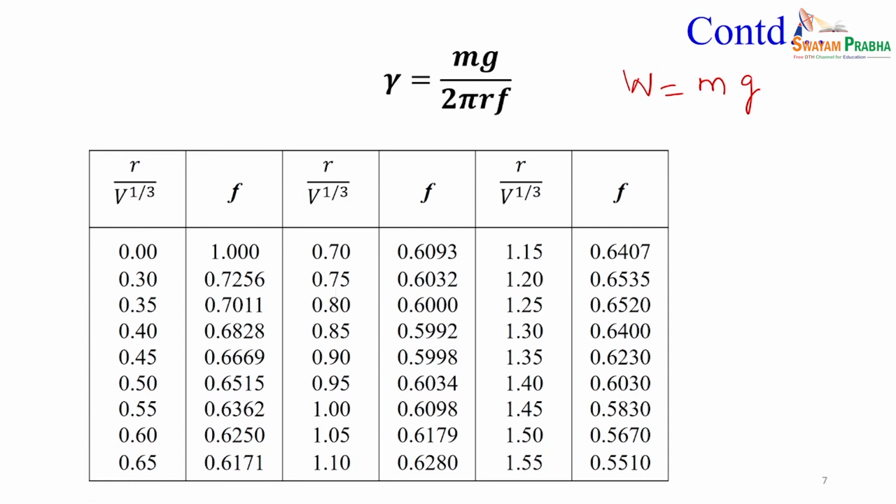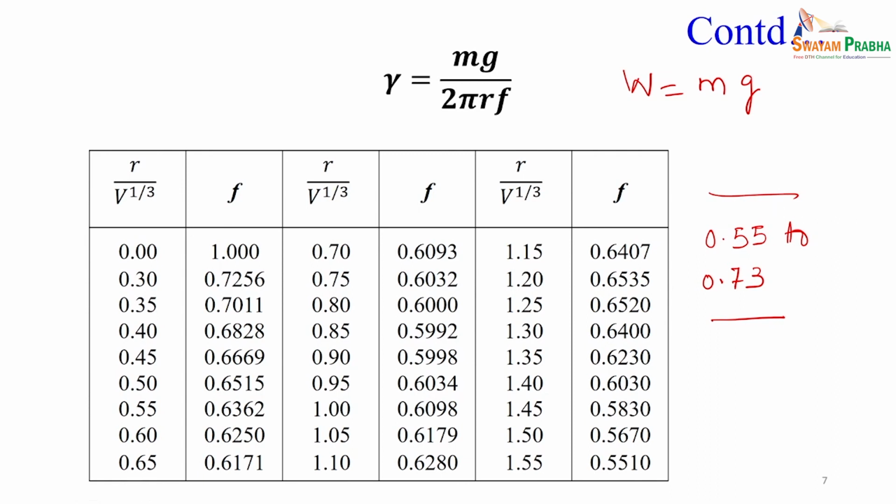From here you have to see the ratio of R upon A. It may vary from 0.3 to 1.55, and correspondingly we have to choose the value of the correction factor. The value of the correction factor varies between 0.55 and 0.73. So, this is the value of the correction factor.